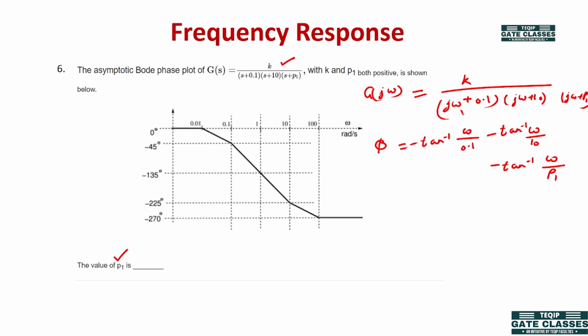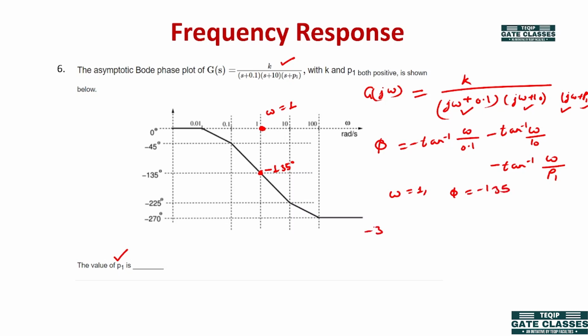So the angle is contributed by these three individual factors: minus tan inverse omega by 0.1, minus tan inverse omega by 10, and minus tan inverse omega by p1. Now, at omega is equal to 1, the angle of this particular transfer function is minus 135 degrees. So let's put omega is equal to 1, phi is equal to minus 135.